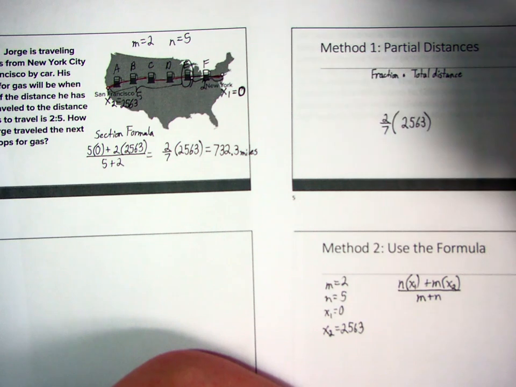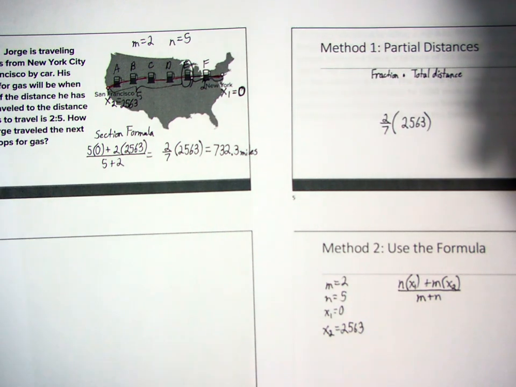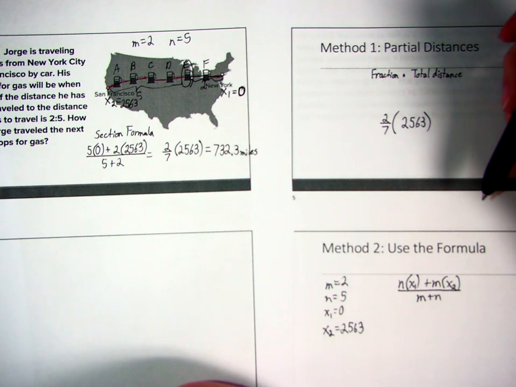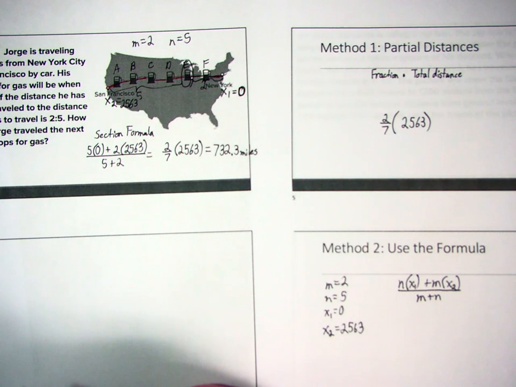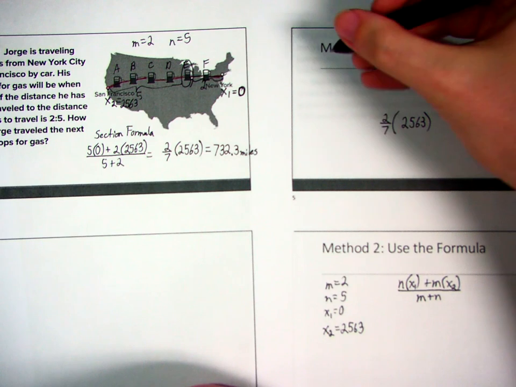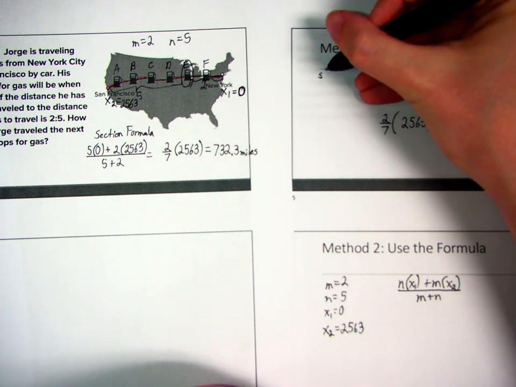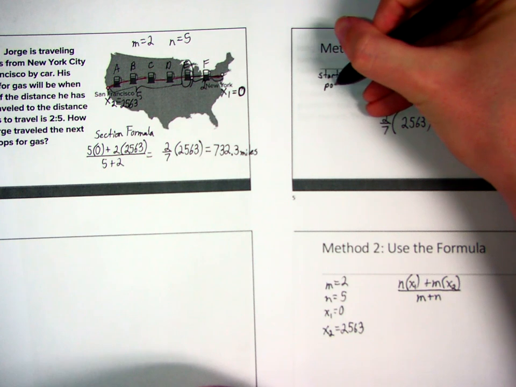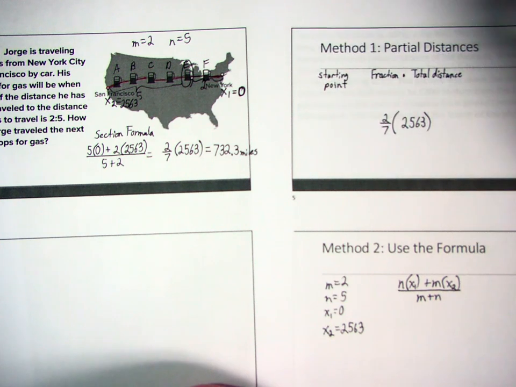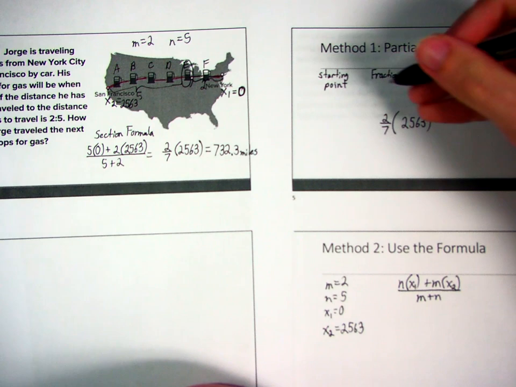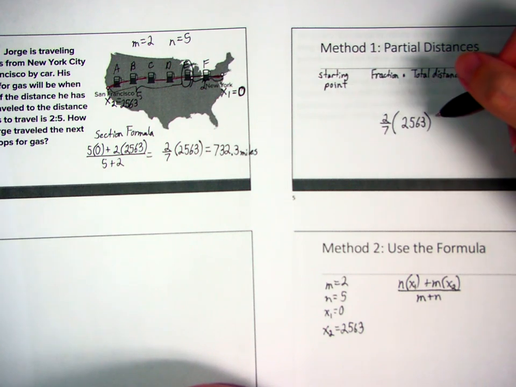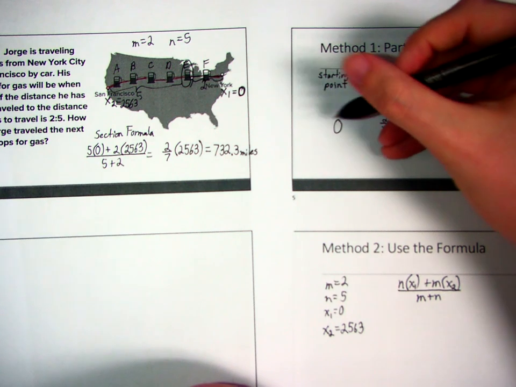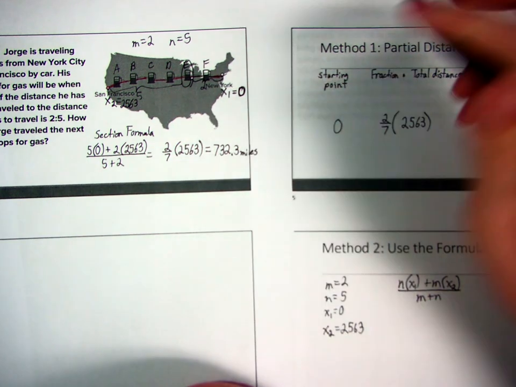We need to know where we're starting, just as in our normal formula, where we need to know we're starting at x1. So we're going to have a starting point that we add on to our fraction times our total distance. In this case, 0, because our starting point was 0.